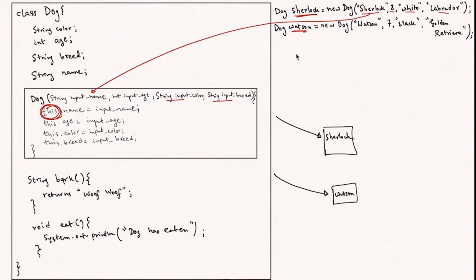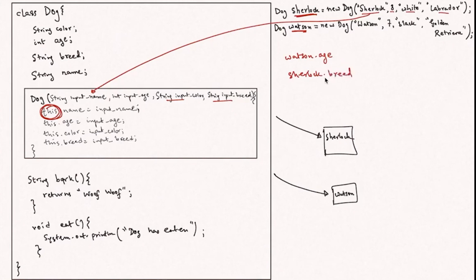So let's say we call something like Watson.age, right? When we say Watson.age, it comes to the class and this means Watson. So it becomes Watson.name, Watson.age, Watson.color, Watson.breed, right? But when we are talking about Sherlock, let's say we say Sherlock.breed, right?